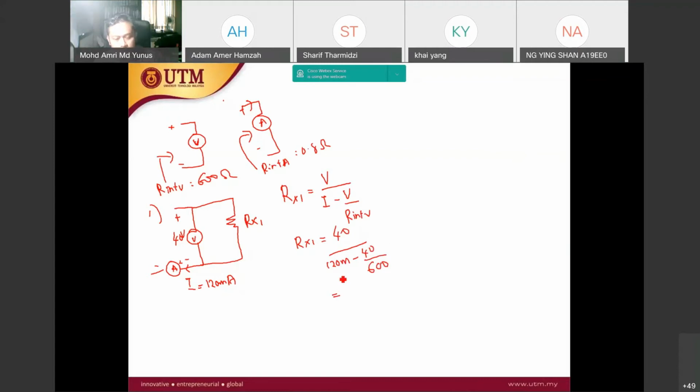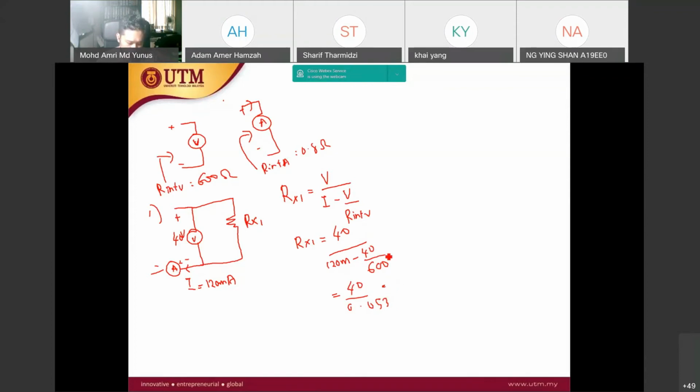So let's measure. Basically 40 over 0.053, 153 milliamp.